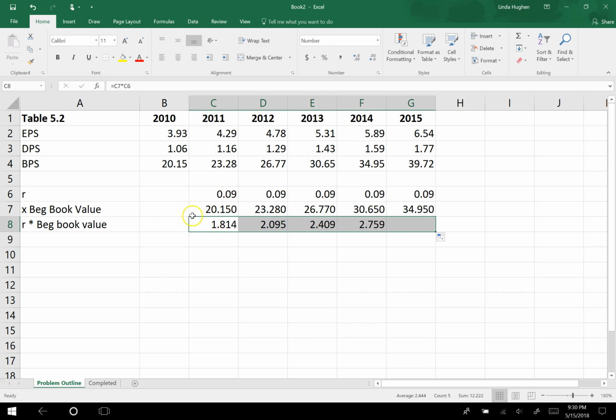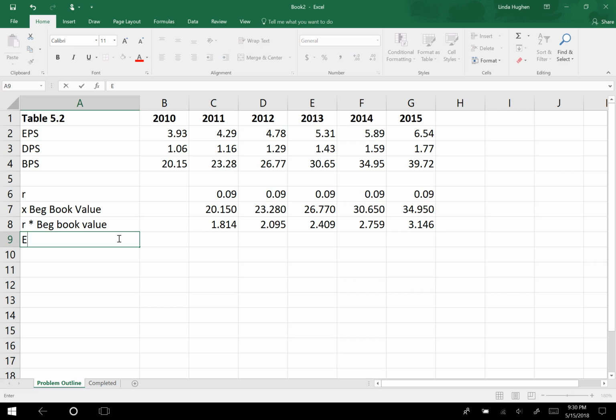What I've just solved for here, this required return times the beginning book value, this is our required earnings per share based on the company's anticipated risk level by the shareholder. Next, we are going to take the difference between the earnings per share, EPS, which is simply this number here.